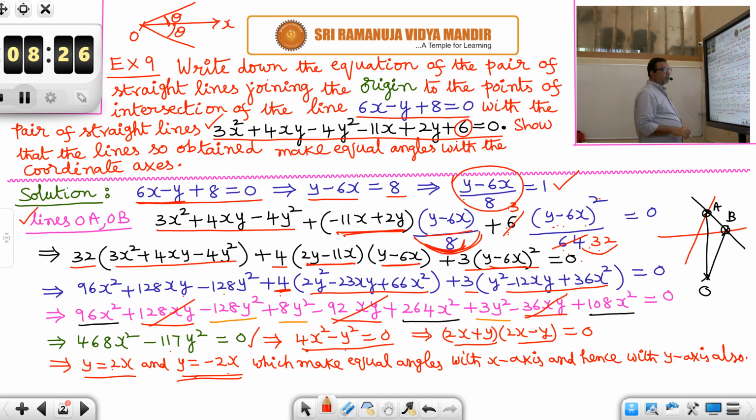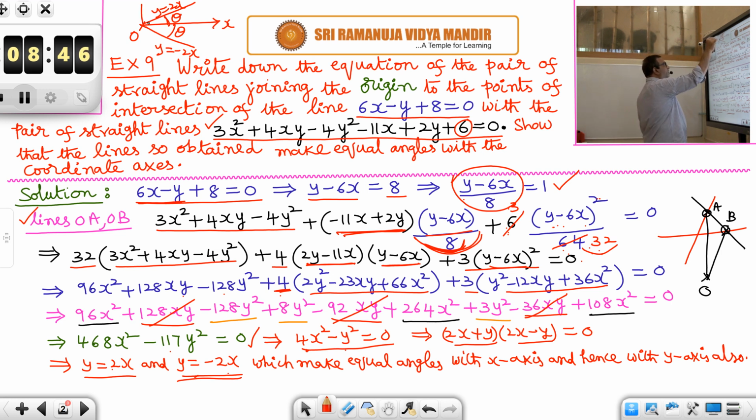That means these lines, y is equal to 2x and y is equal to minus 2x, make equal angles with the x-axis, is it not? Hence those lines will make equal angles with the y-axis also. That angle is of course 90 minus theta.